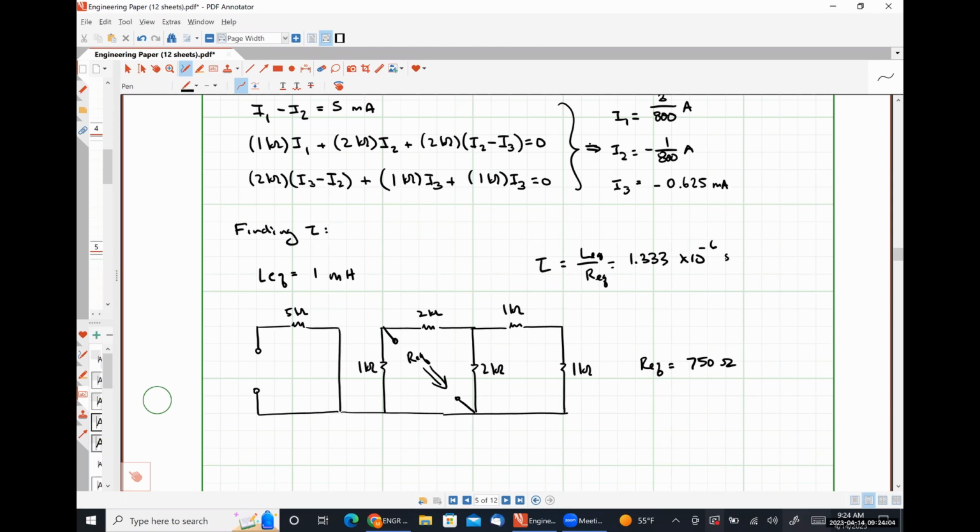So 1.3 repeating microseconds, or 4/3 of a microsecond. Yes, ma'am. What number? L divided by R. Tau to the minus 1 is 750,000 per second.